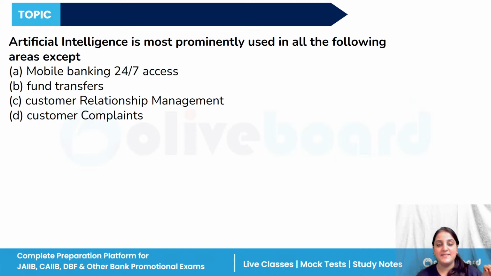AI can enhance security and efficiency in fund transfers, but the core process of transferring funds is typically more straightforward and less reliant on AI compared to areas like mobile banking, customer relationship management, and handling customer complaints, where AI plays a significant role in personalization, automation, and support. So option B is correct here.